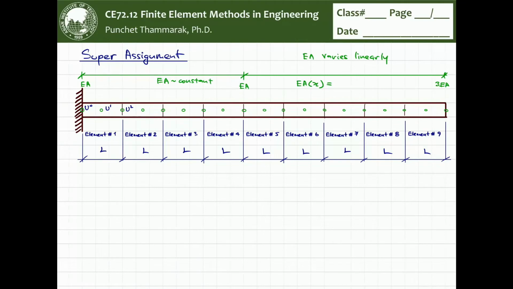And the load, this is a bar problem that the computer method techniques you learn might not be capable of solving.